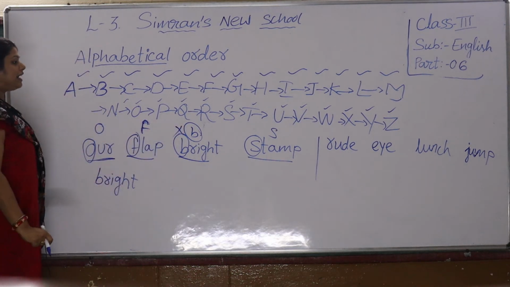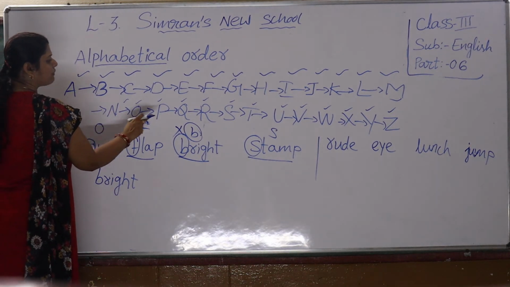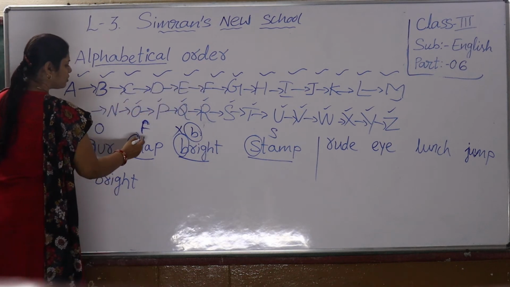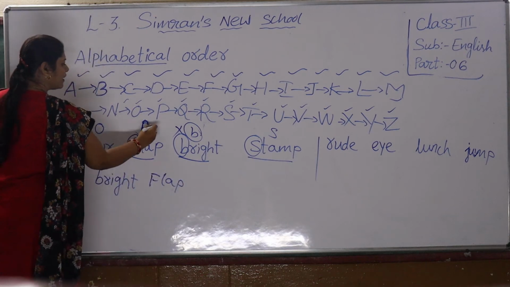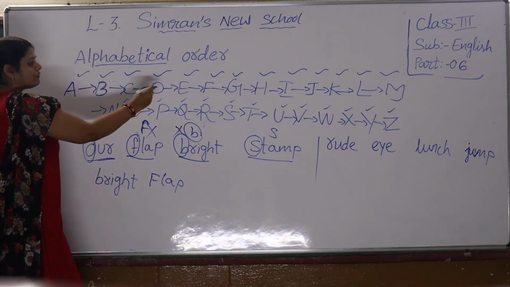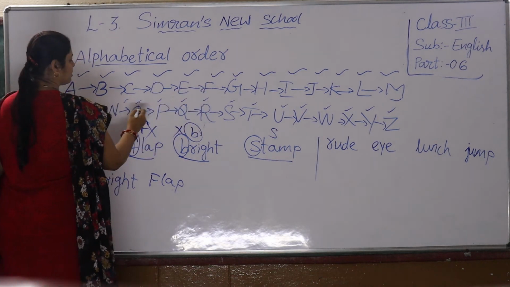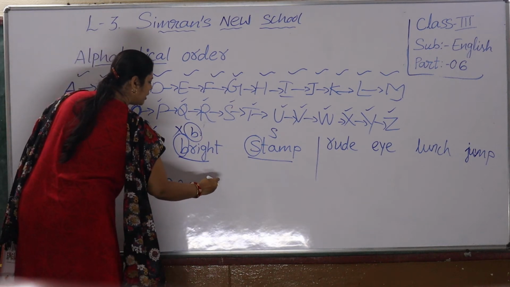Okay children, the next word. After B, what is there? See O, F, S. After B, C, D, E, F is there. So next what will come here? Flap. Okay, F is finished. So after F, O, S. Here O, after that S. So our third ranking is O, our.